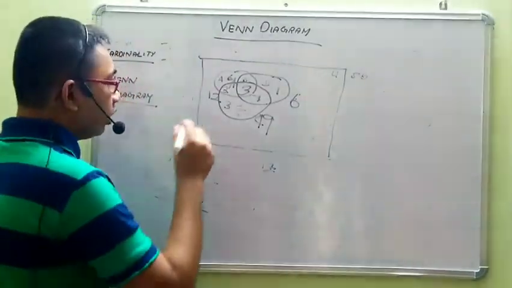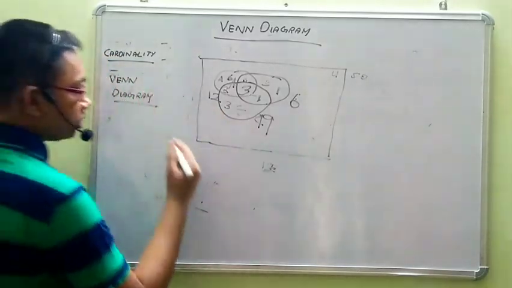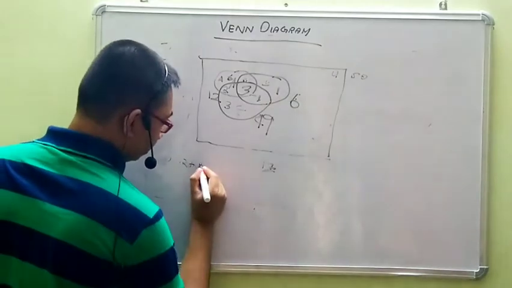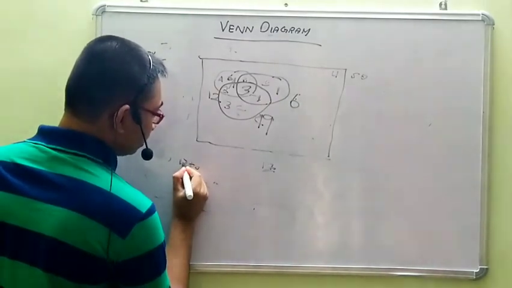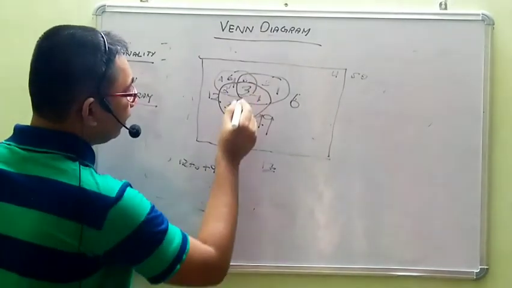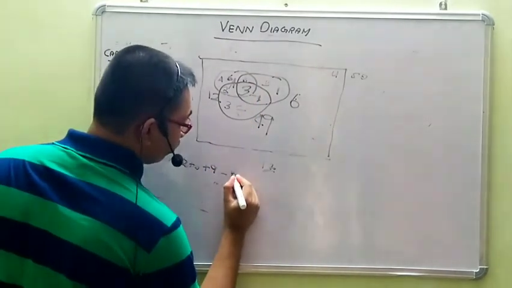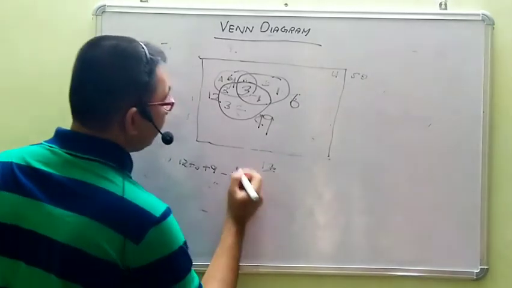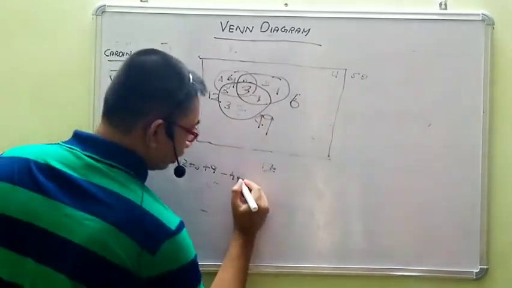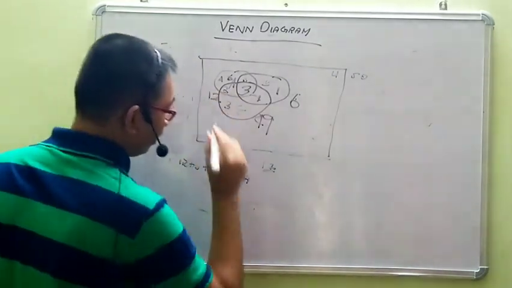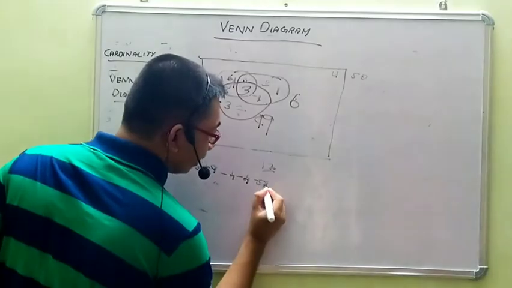How come? n(A) is 12, plus n(B) is 6, 12 plus 6, plus n(C) is 9, right? Minus n(A intersection B), minus 4, minus n(B intersection C), minus 4, minus n(C intersection A), minus 5, plus 3.